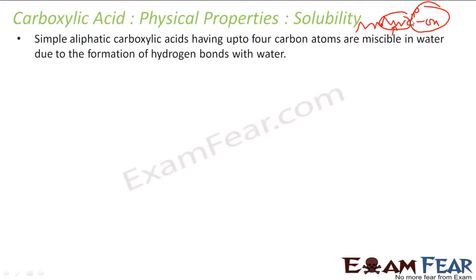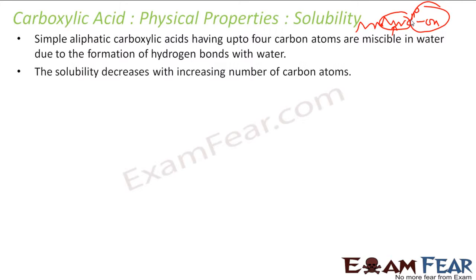So the lower ones are generally soluble in water, but the higher ones are not that soluble in water. And again, as I told, the solubility decreases with increase in the number of carbon atoms, because if we increase this carbon chain, this small part will not be able to take care of the remaining part, and thus it will not be soluble, because to be soluble it has to form a hydrogen bond with water.